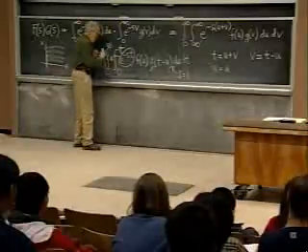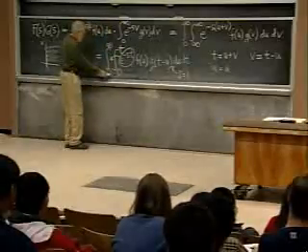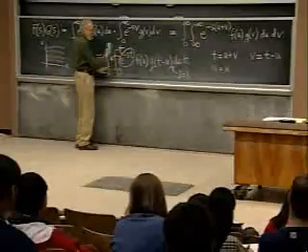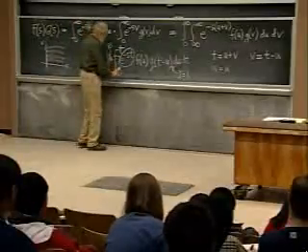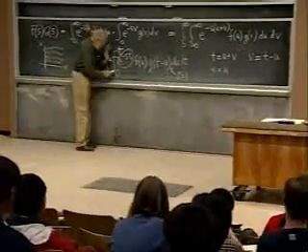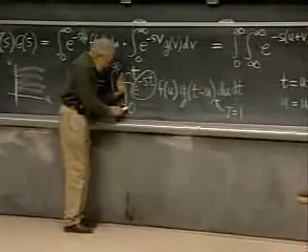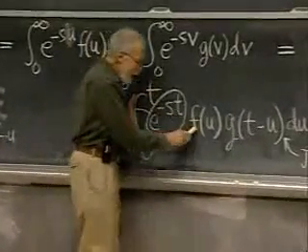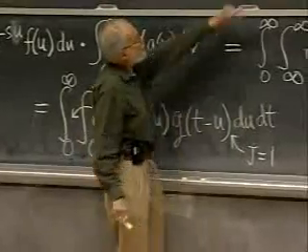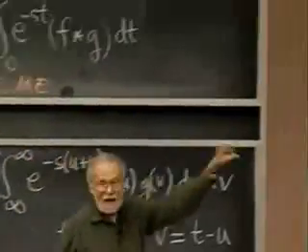So I can put this outside, and what do I end up with? The integral from 0 to infinity of e to the negative st times, what's left? A funny expression, but you're on your desert island and found it. This funny expression, integral from 0 to t, f of u, g of t minus u, du. In short, the convolution. Exactly the convolution.